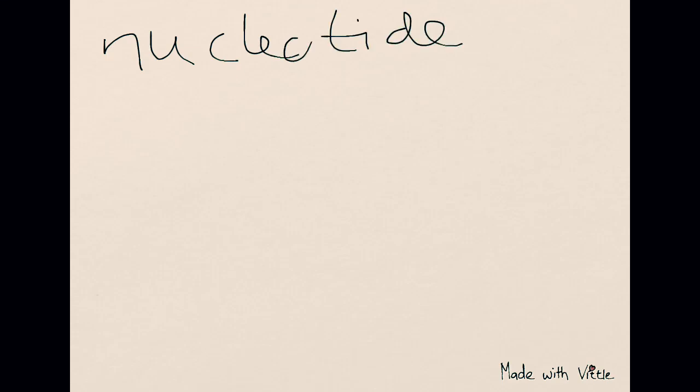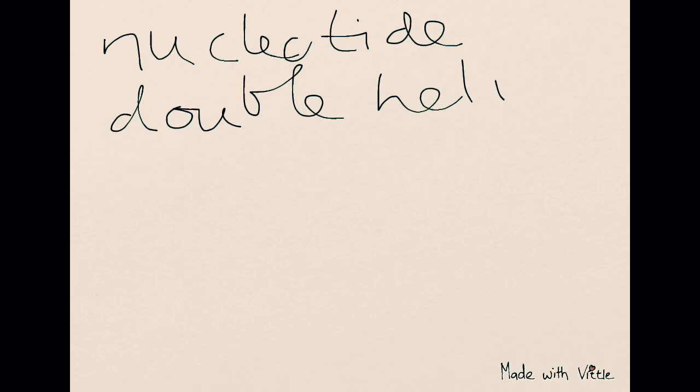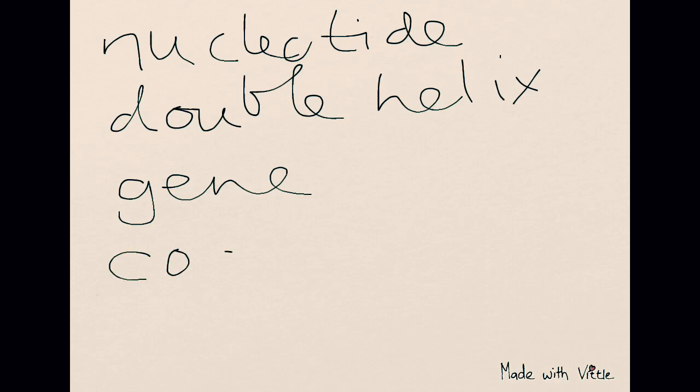Okay, so to just review the key terminology from this video, I would say that you need to know the following. You need to know what a nucleotide is and its structure. You also need to know what a double helix is. You need to know what a gene is, a codon, a protein.